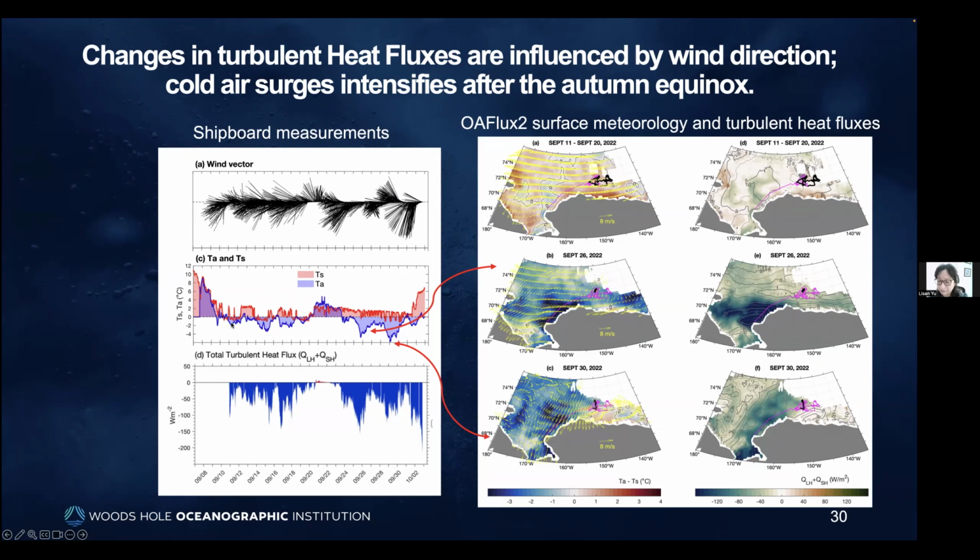We can see severe cold surges in the time series, and each cold surge coincides with southward winds. Whenever the wind direction changes, you see the cold surge, and it gives you a large increase in the turbulent fluxes. That means northerly winds are a major reason for the change of the fluxes in the Arctic Ocean. So why is that?